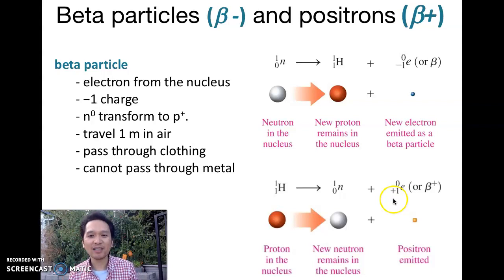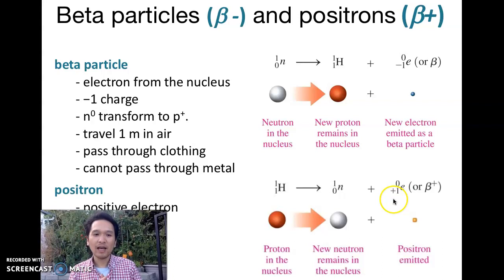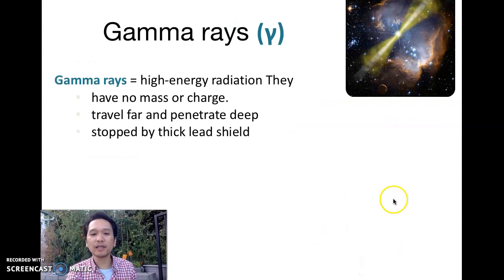So it's basically a positive electron. Because of that, we give it a very original name, positrons. Okay, so again, simply, it is a positive electron emitted from the nucleus when a proton is transformed to become a neutron.